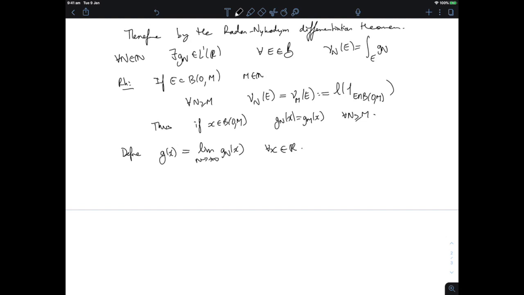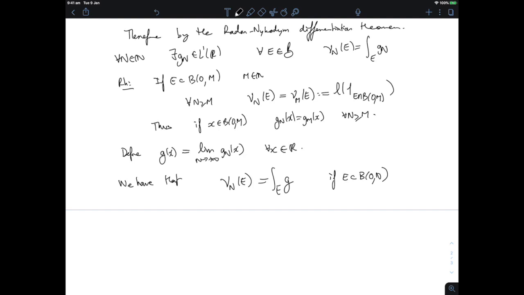And what have we got? We've got that nu n of E is the integral over E of G for every E included in the ball of radius n.